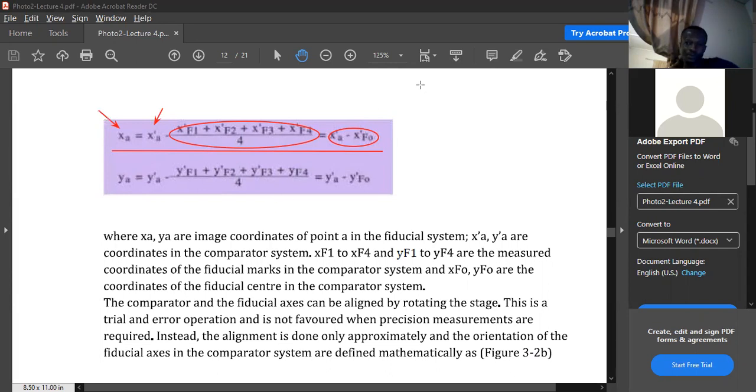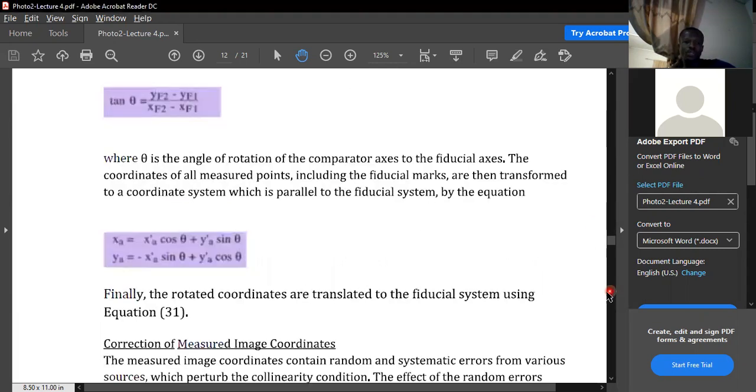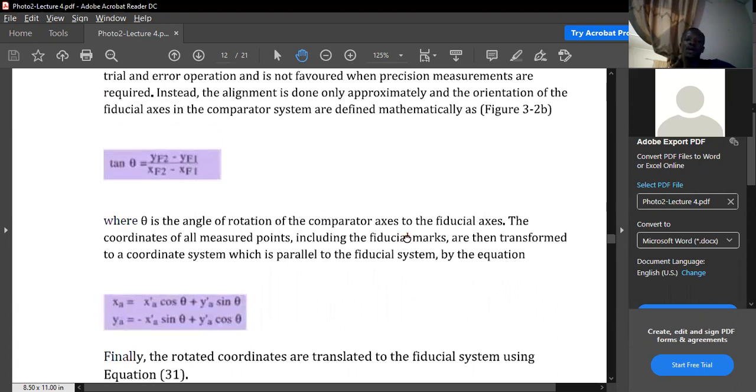Is that okay? So basically, that is a comparator, which is a tool for measuring coordinates. You see, we actually place the photo on the rotating stage. The rotating stage also makes provision for correcting for rotation, in case there's the need for it.